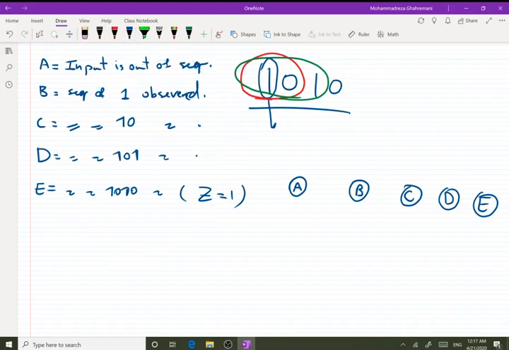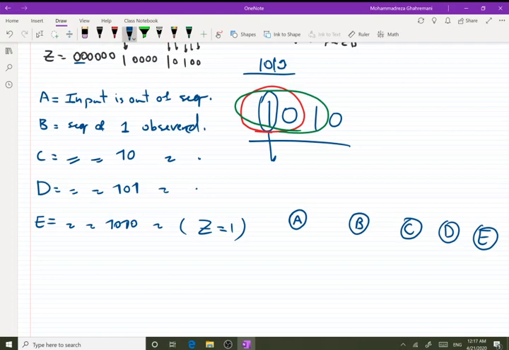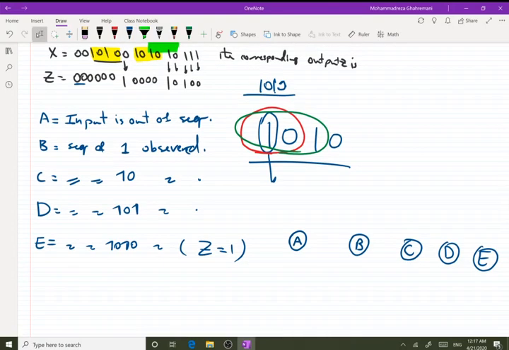So let's say we are in state A. We start from A and we observe 0. Do we move to state B? Of course not, because state B is the state where 1 is observed. So if we are in state A and the input is 0, it remains in state A and the output is 0. Now, let's say the state is A and 1 is observed.